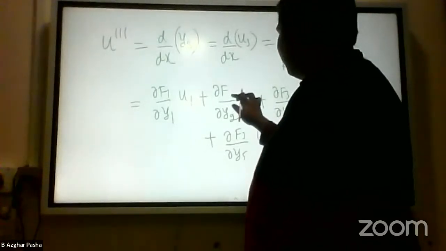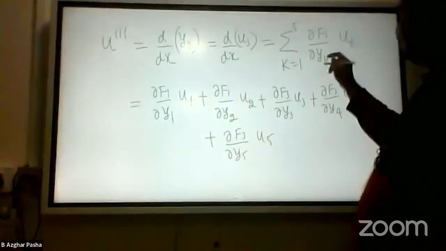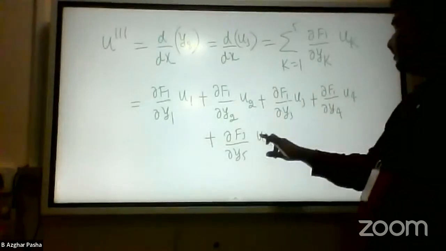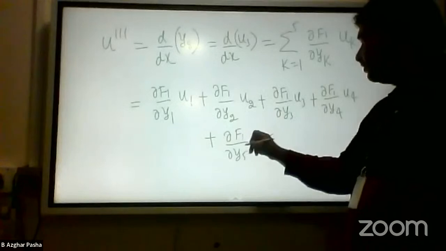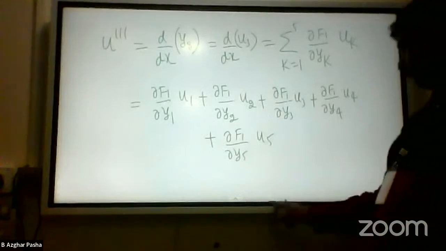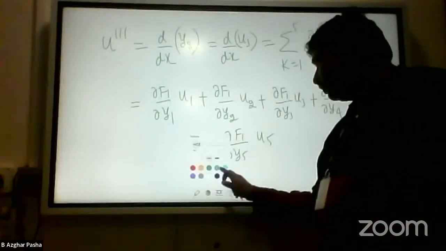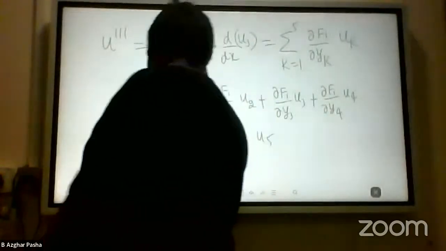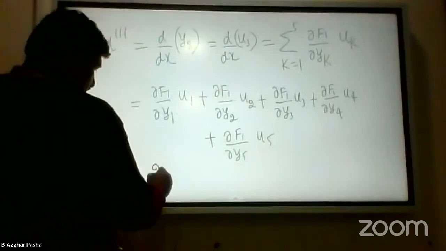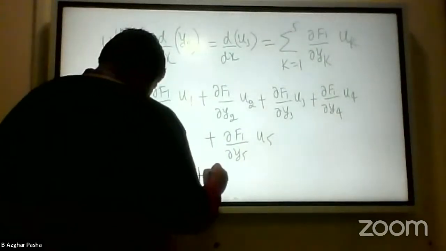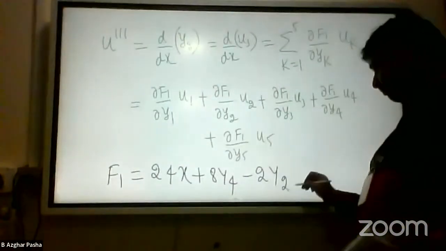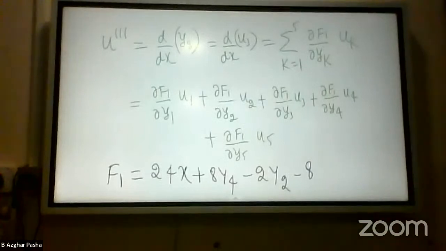Everything is f1 only here. What is f1? F1 is 24x plus 8y4 minus 2y2 minus 8.